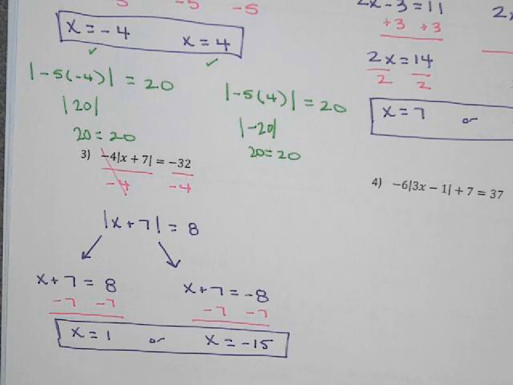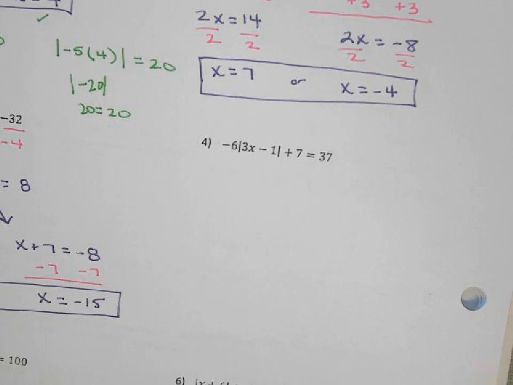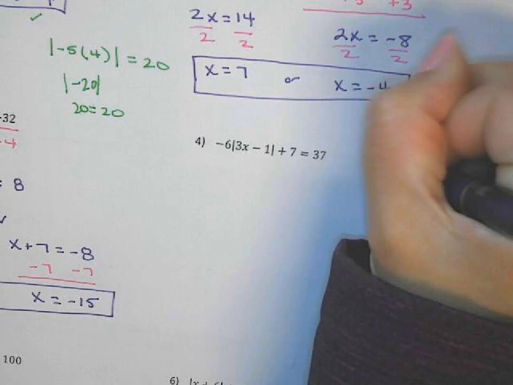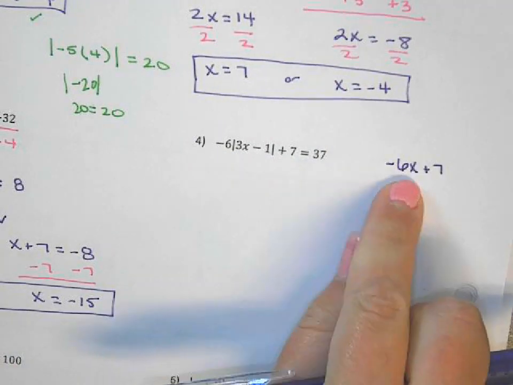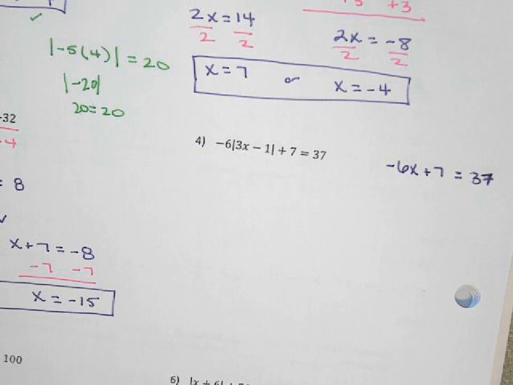So far, so good? All right, so number 4, are the absolute value bars alone? No, so I'm going to have to get them alone. Now, that might look a little bit confusing. But if I were to have negative 6x plus 7, x is like the absolute value bars, equals 37, how would I solve that equation?